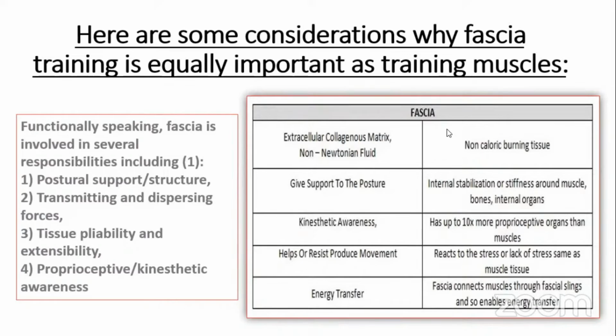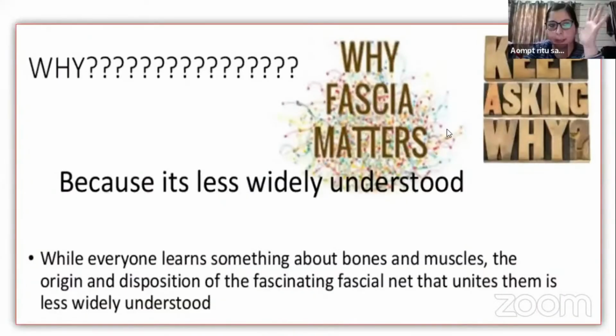So it is important to understand that we have to treat both structures together, because we know that the bone, the muscles, the nerves, all are covered with the fascia. So the treatment related to the fascia, like in our AOMPT, we have the course fasciomuscular release.